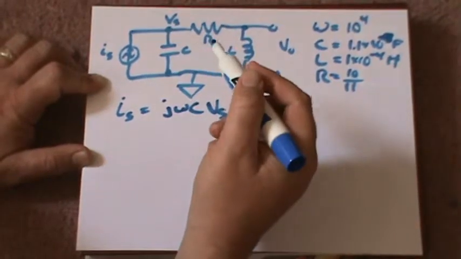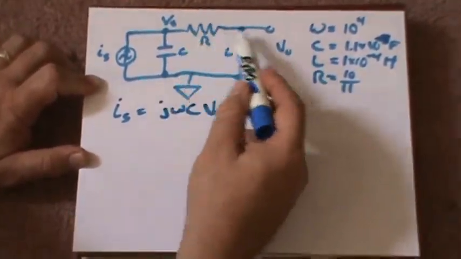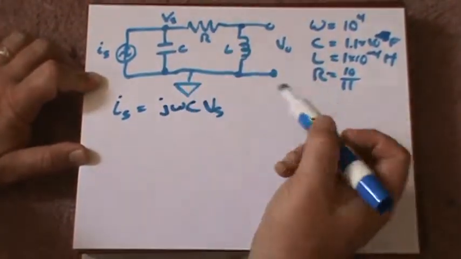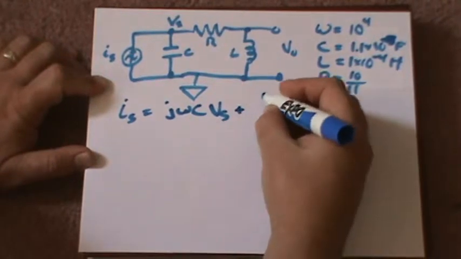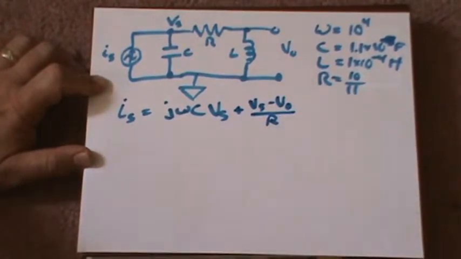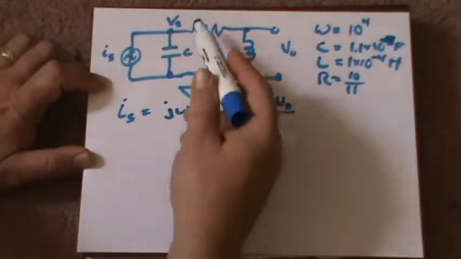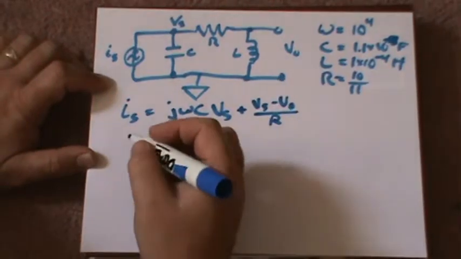And then I also get a voltage drop from the resistor, except this one is V_S minus V out. That's what's dropping across the resistor. So then I could say that we have V_S minus V out over R, which is equal to the amount of current flowing through the resistor. So what comes in has to go out in the sum of these two ways.